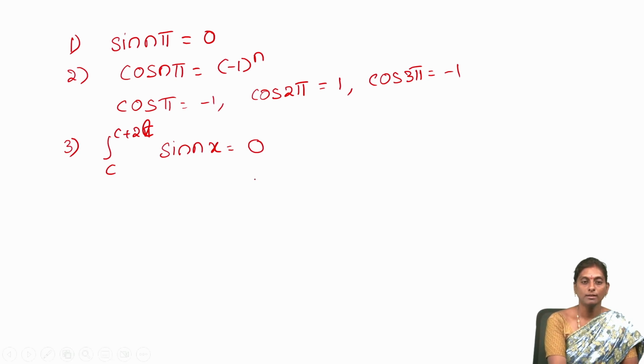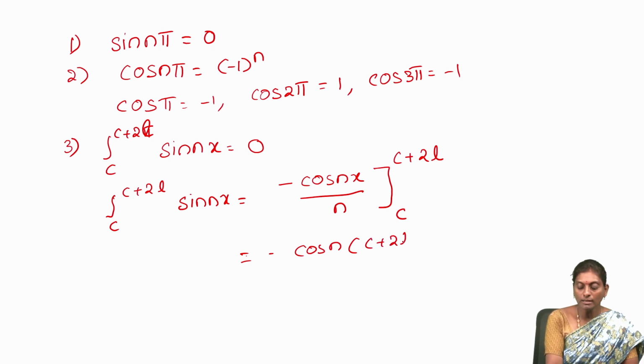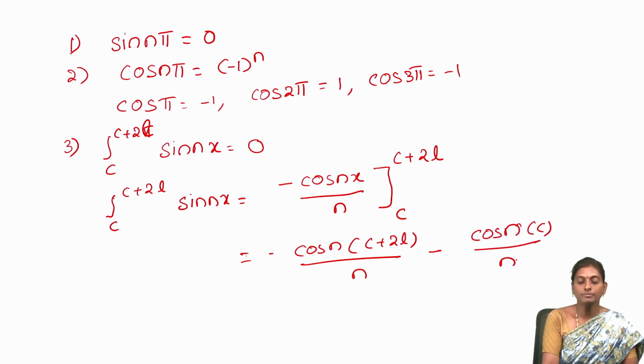I will show this result. So take the integration from c to c plus 2l of sine nx. What is the integration of sine nx? Minus cos nx by n. The integration of sine nx is minus cos nx by n in the interval c to c plus 2l. So minus cos of n of c plus 2l by n, minus minus cos of nc by n.